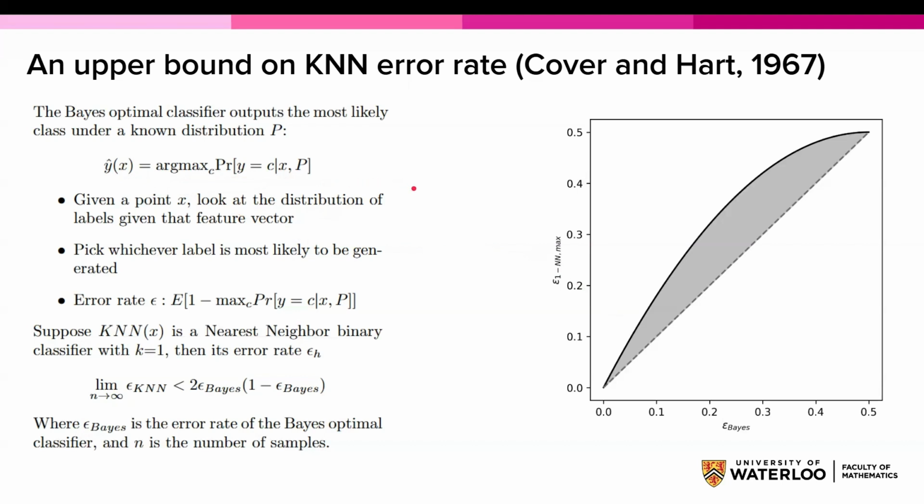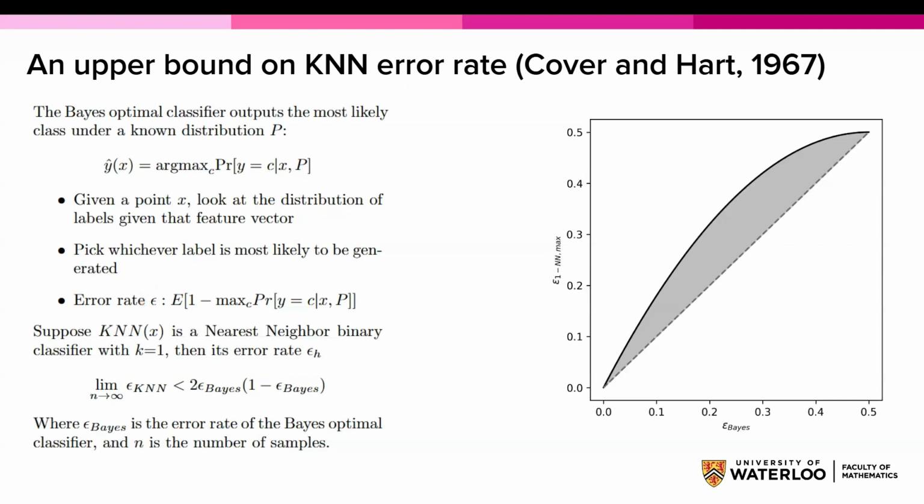This classifier minimizes the probability of misclassification, meaning that its test error rate is the lowest we could possibly achieve for a given problem. We call that the Bayes error rate and denote it by epsilon. This is the expected error when we always choose the most likely label given the feature vector.